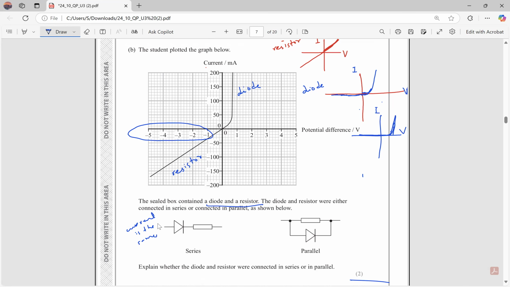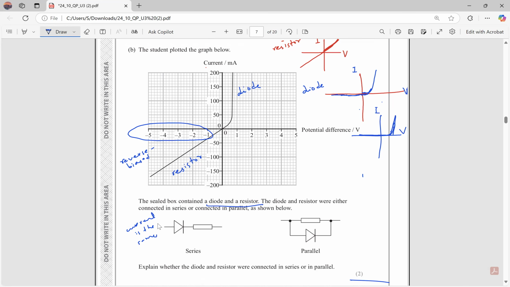So you've connected the negative part of the diode to the positive part of the battery. Now in reverse bias, the graph looks like that of a resistor. It does not look like that of a diode.